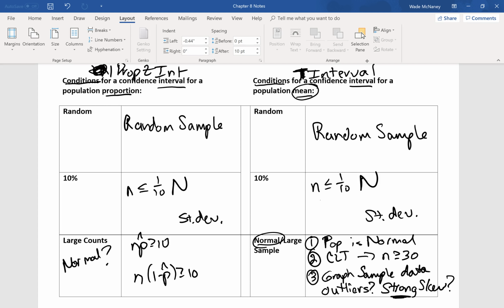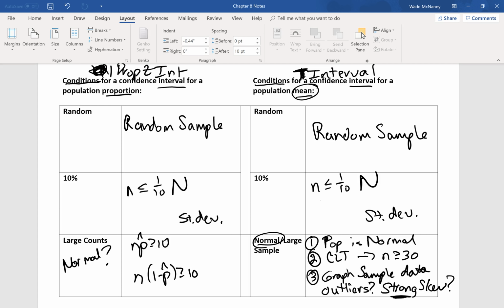When we graph the sample data, it has to be really, really strong skewness in order for us to stop. Because we're using t, we're already giving ourselves a little bit more room for error. So even if our sample isn't perfectly normal, as long as it is not blatantly obviously skewed, the t part of this still gives us enough of a margin of error to allow us to continue.